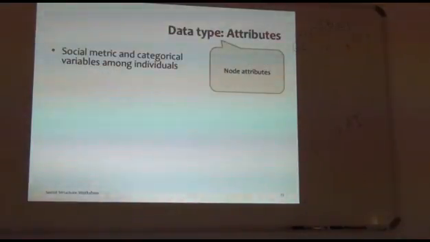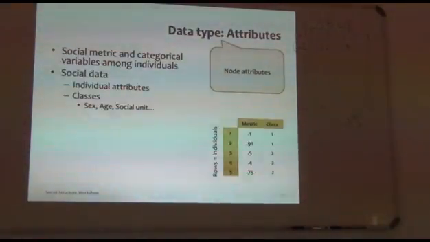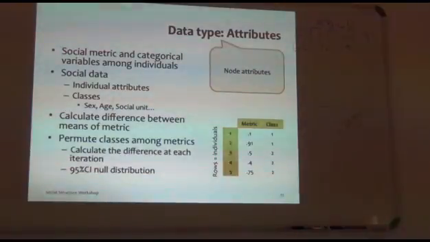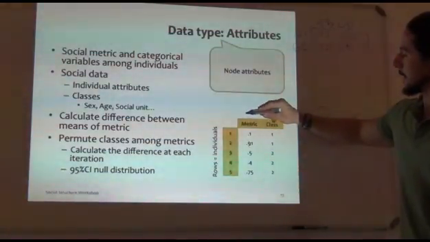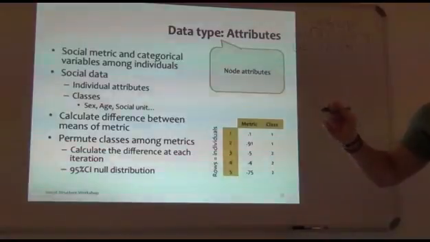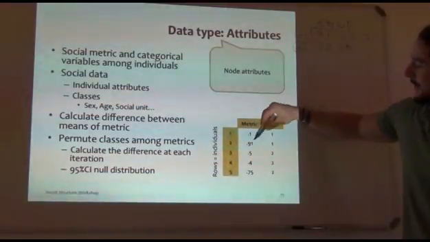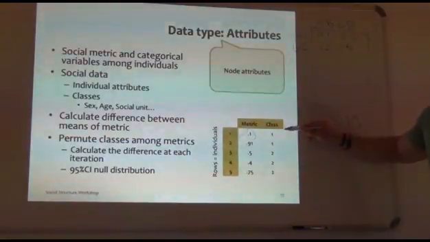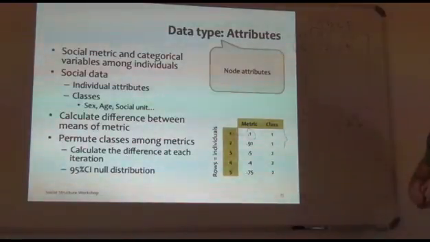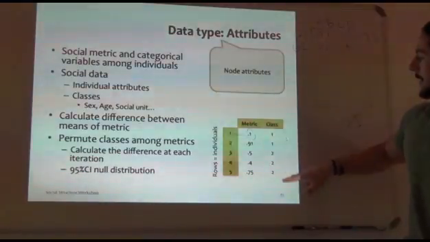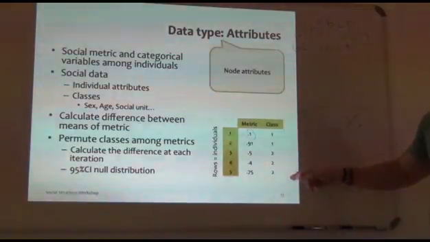And the other type of data we can work with is node attributes. So in this case, now we have a metric here. It could be, I don't know, a node degree, or essentially any metric you can have for each individual. And if they're from different classes, say sex or age or color or size, whatever it is, we're going to shuffle the class, these labels, among individuals.